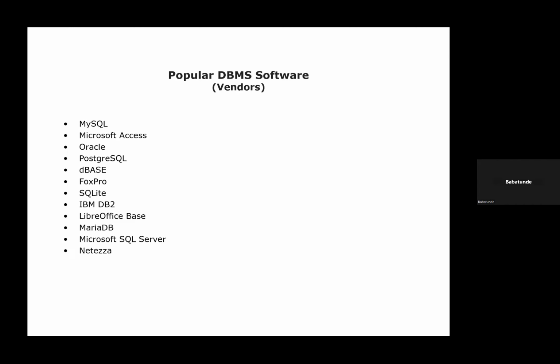IBM has got their own database as well. It's called DB2. Netezza is for big data. They have their own software as well. There are a lot of them. So these are the vendors where you can actually get the database.